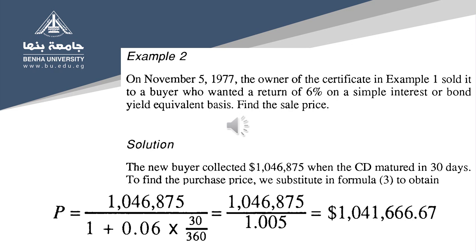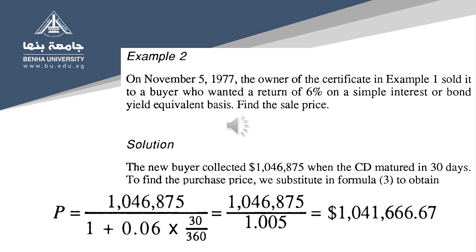This is the time in this example, and you have all the data, all the information: S and R 6%, and the time 30 days over 360 because it's a banker's rule, so that you can find B in an easier way.